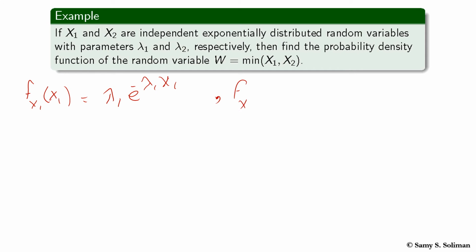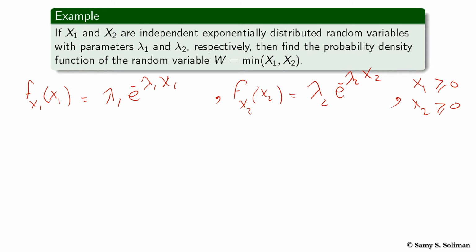Similarly, f_X2 of x2 is lambda 2 e to the power negative lambda 2 x2. Each of x1 and x2 is larger than or equal to 0, because if we recall, the exponential random variable represents the inter-arrival or inter-occurrence times, so it is a positive random variable.